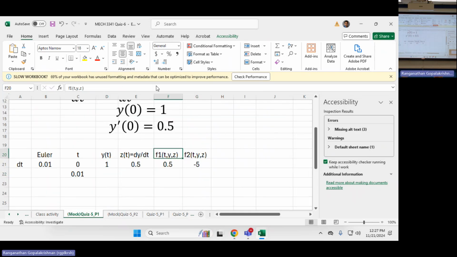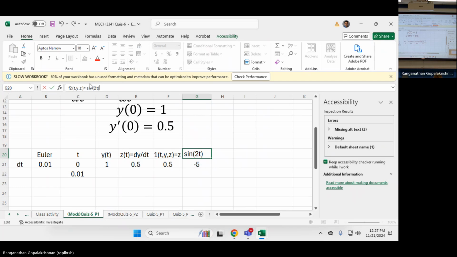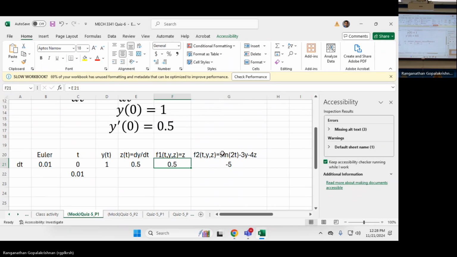If you want, I'll write it here: f1 equal to z, f2 equals sine 2t minus 3y minus 4z. Is this fine? Can we proceed?